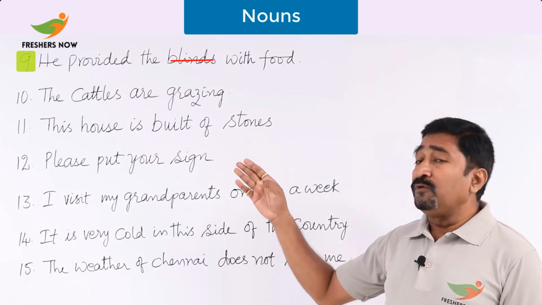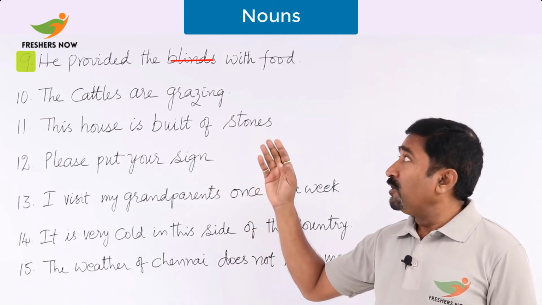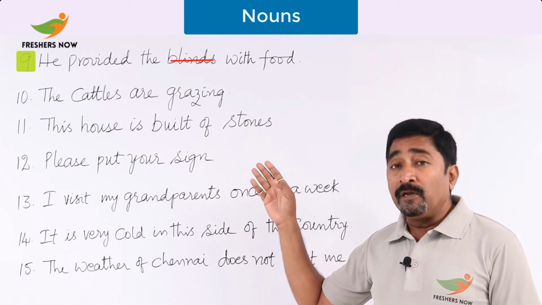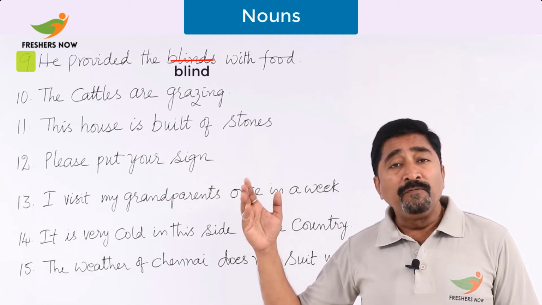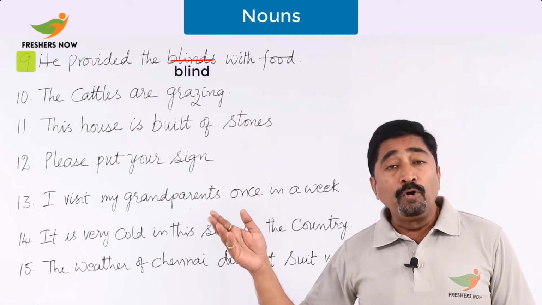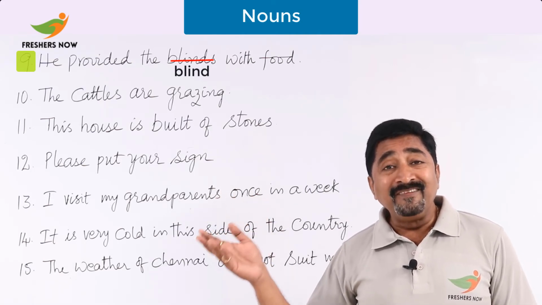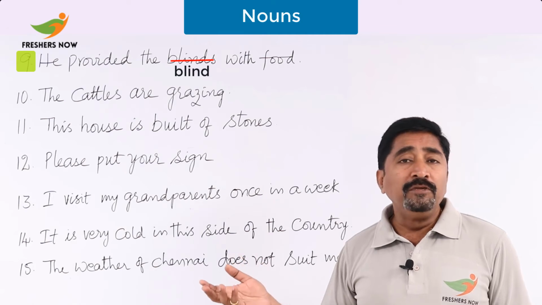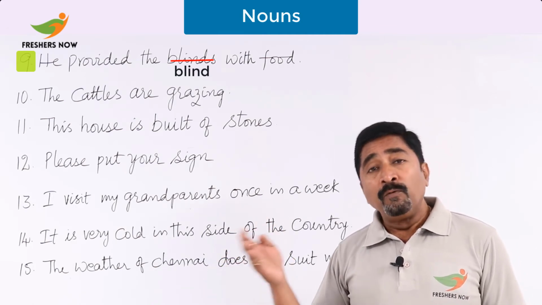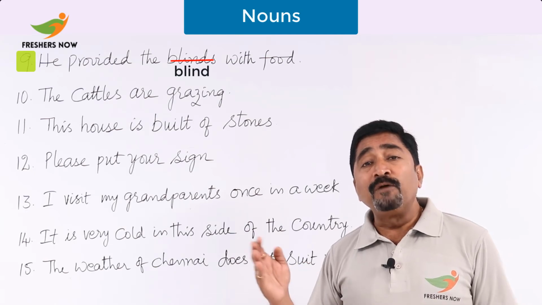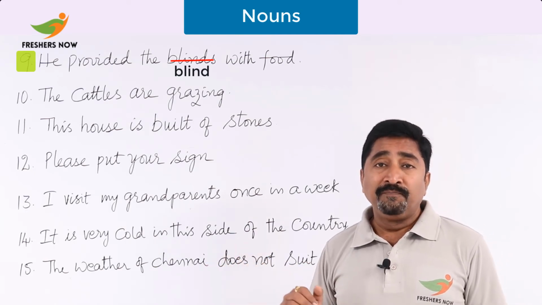So what you have to use there is, he provided the blind with food. The same way, the rich, the poor, the unemployed, the disabled, the diseased. So you can use an adjective in the form of a noun with an article, which refers to a plural expression.